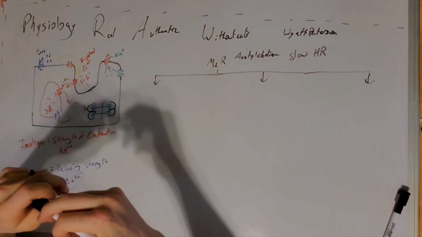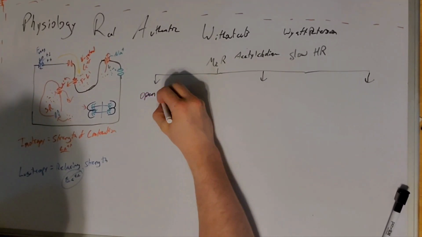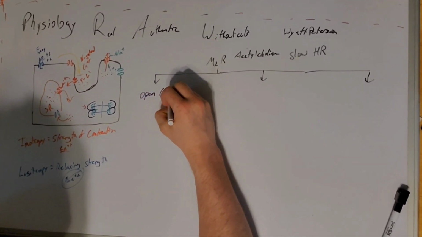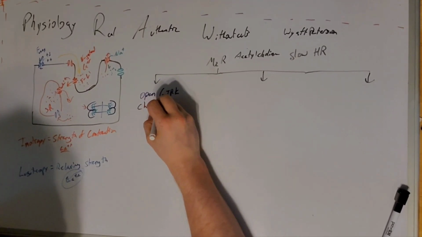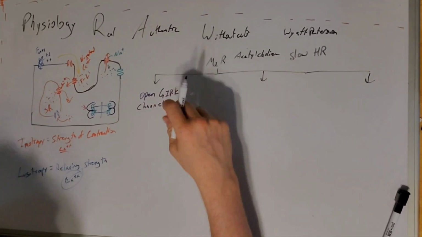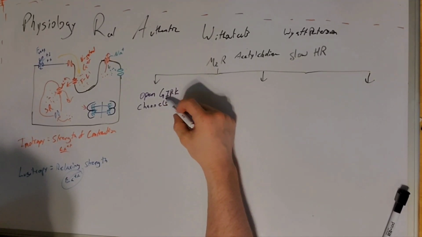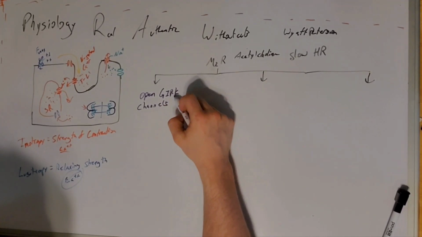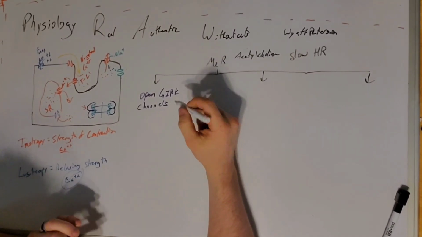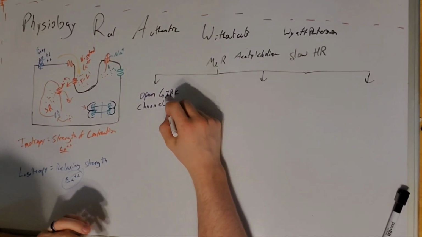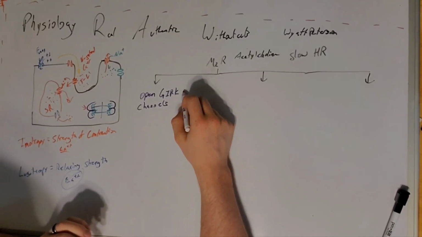So this pathway talks about opening these GIRK channels, and that's G protein-activated inward rectifying potassium channels.